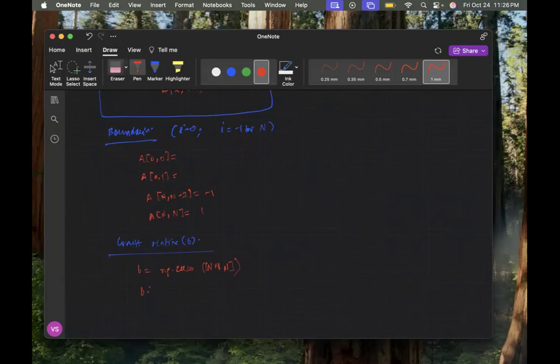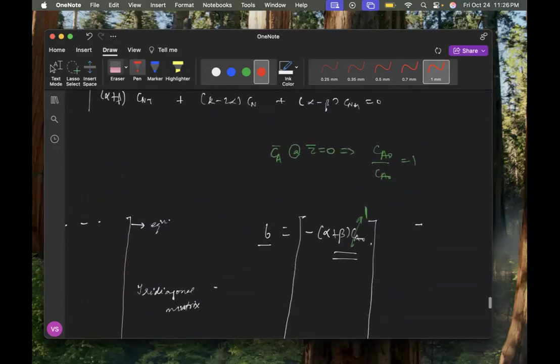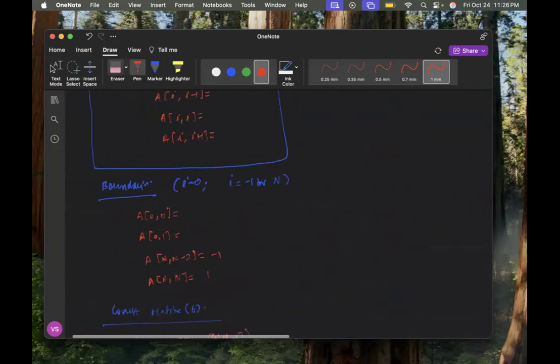And then in our case, we only have the 0th element, which is just minus alpha plus beta, right?